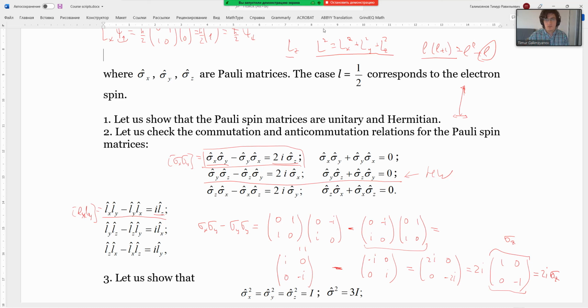And then I've told you a little bit about the spin, and that the spin can be either integer or half integer. Particles that have half integer spin are called fermions.